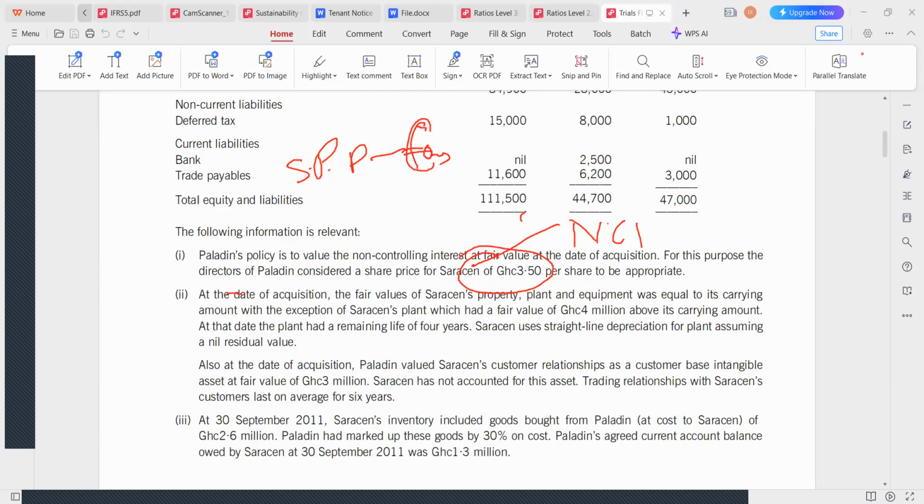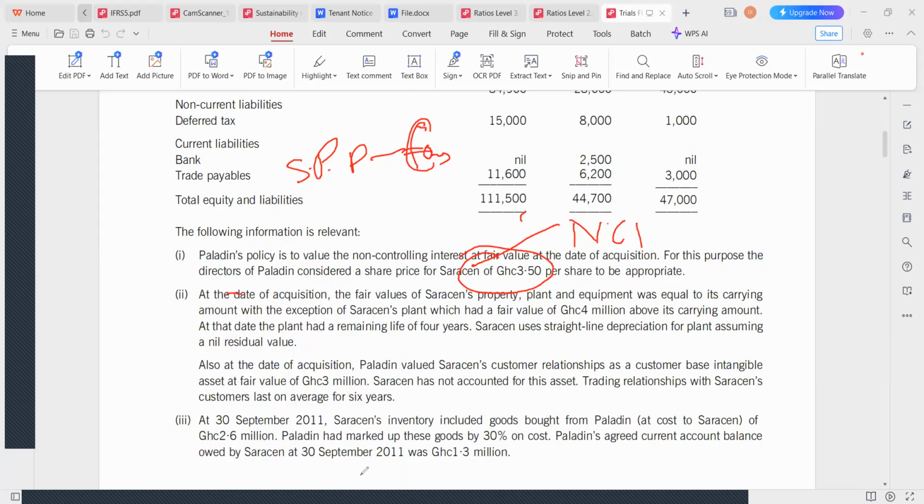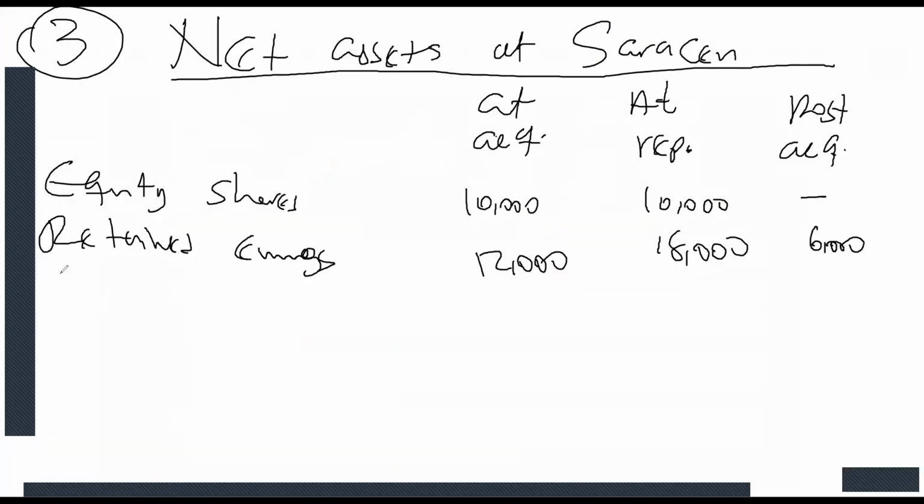Above, that would be a fair value gain, right? So come here and write a fair value adjustment, plant. Write 4 million here. That would be 4,000.